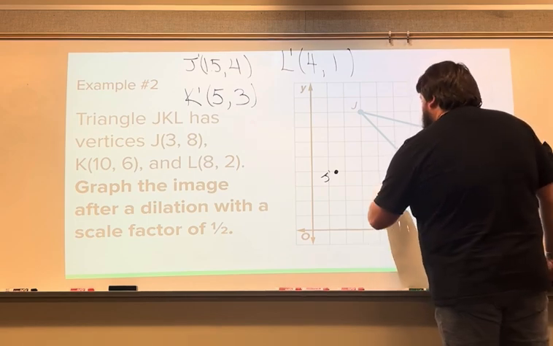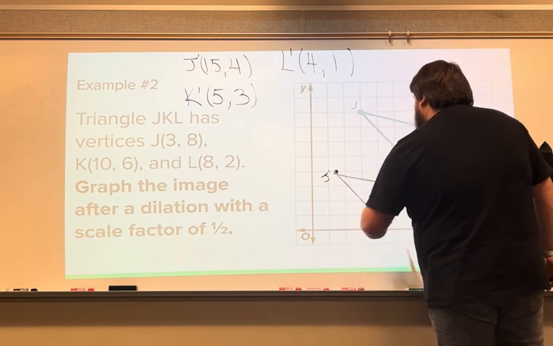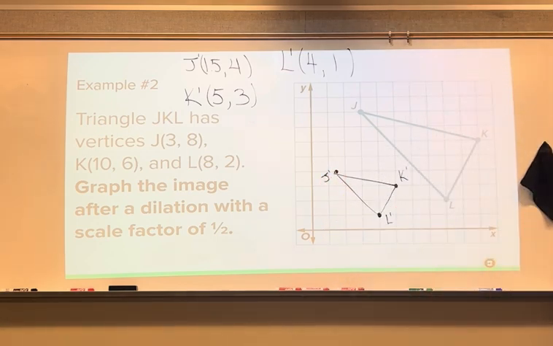So I go ahead, okay, I've now dilated my triangle by a scale factor of 1/2, okay? As you can tell, much smaller triangle, okay? Give everybody a second to get that down. Hopefully we're feeling pretty good with this.